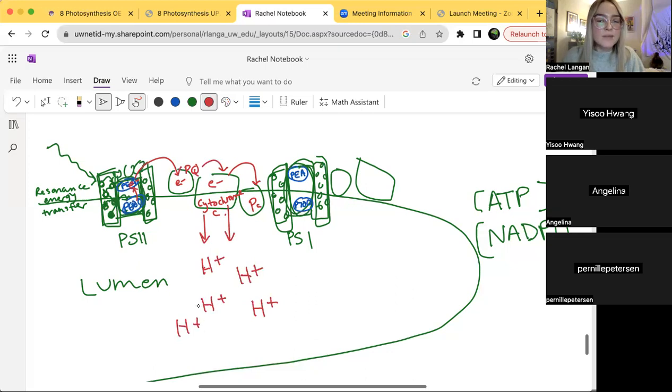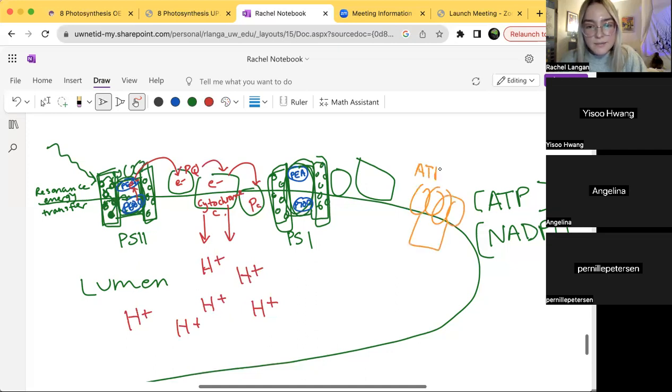So what we've done is we've created high hydrogen inside the lumen, inside the thylakoid, inside the pancake, and low hydrogen outside.